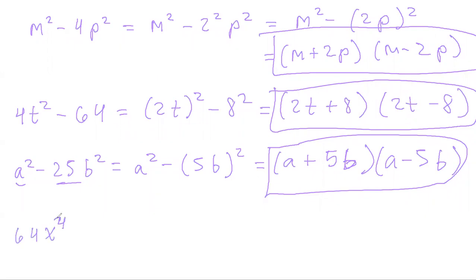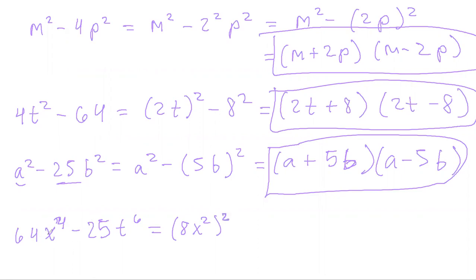64x to the fourth minus 25t to the sixth. Oh, sorry, I might have another one that I wanted to talk about, but this was 25t to the sixth. Okay, so I'm gonna write this as a square. So it's 8x squared squared, right?